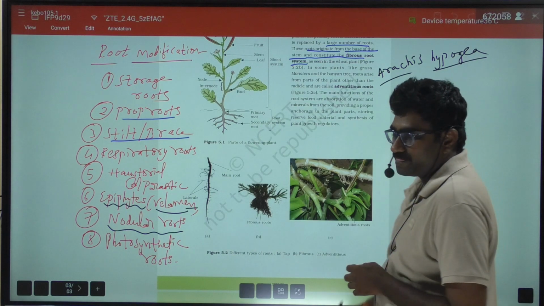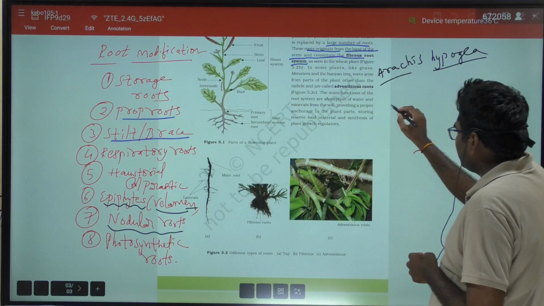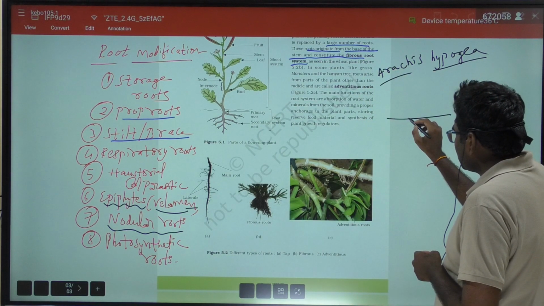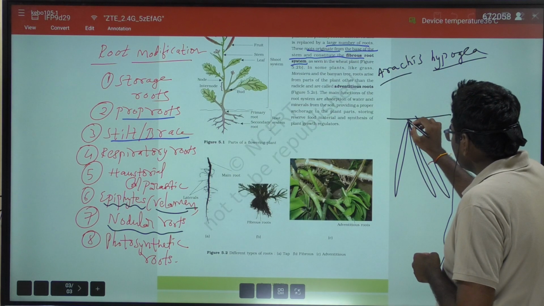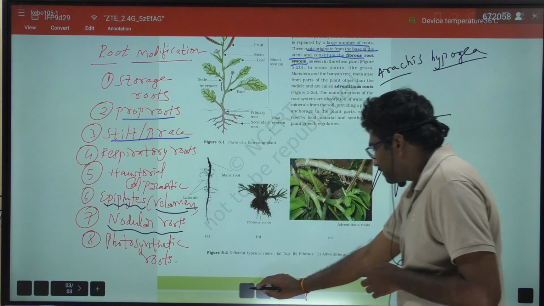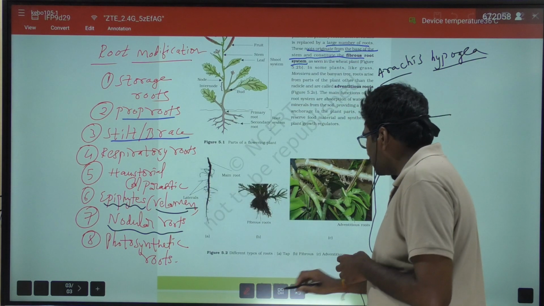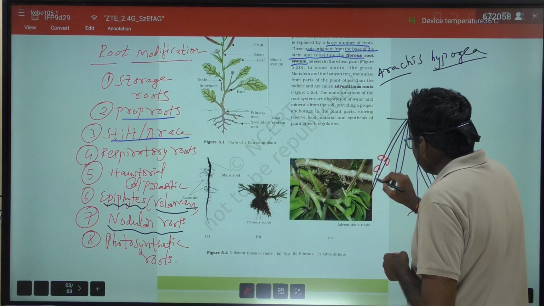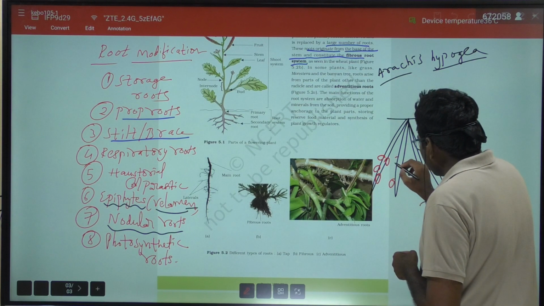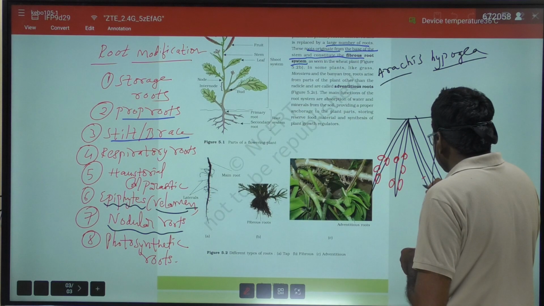If we observe the roots of groundnut, they possess root nodules, which help in nitrogen fixation.